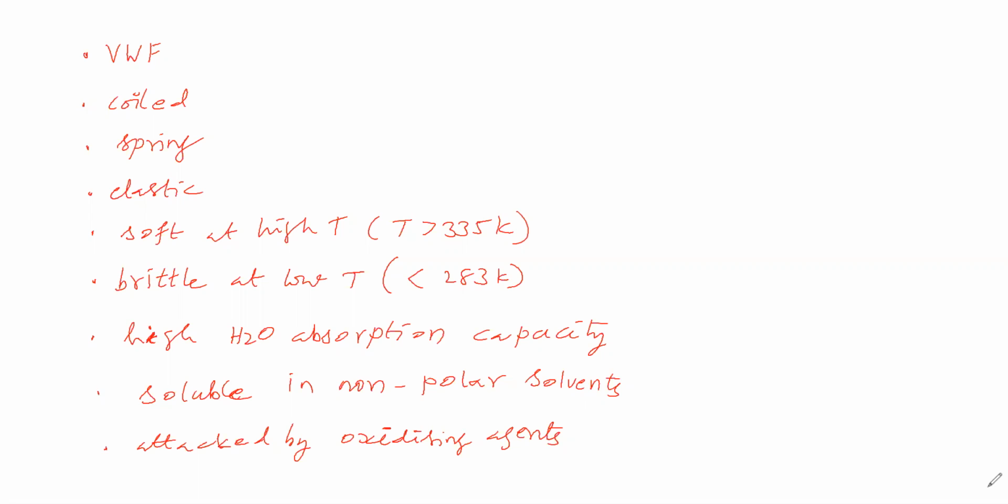Next we will go for vulcanized rubber. Vulcanized rubber in the sense, natural rubber will have sulfur cross linkings. That is called vulcanized rubber.